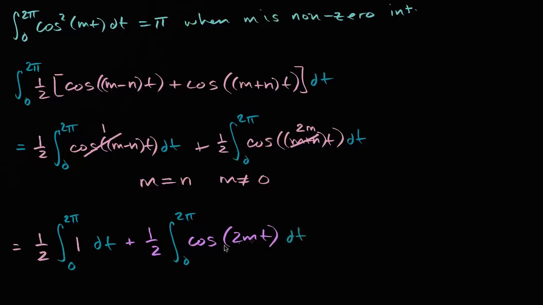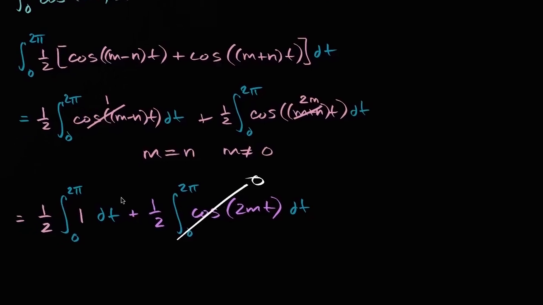Once again, we're assuming m is not equal to 0. This is the definite integral from 0 to 2 pi of cosine times some non-zero coefficient times t. Once again, we've established multiple times that this is going to be 0. So this whole second term is going to be 0.